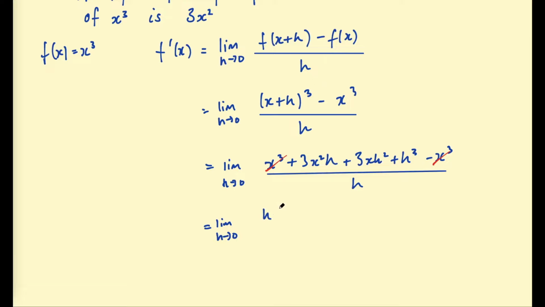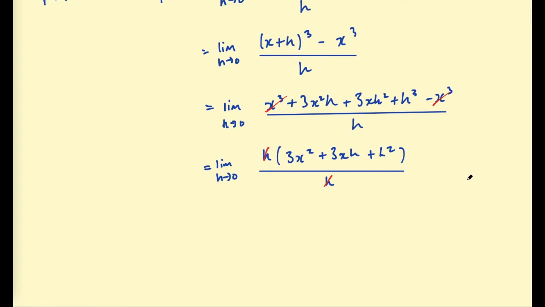We're going to have h multiplied by 3x squared plus 3xh plus h squared all over h. Then we can cancel those h's, and we are left with the expression in the brackets. So this is going to be the limit as h approaches 0 of 3x squared plus 3xh plus h squared.